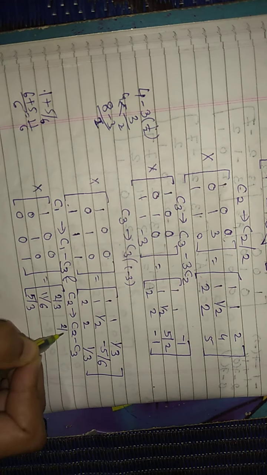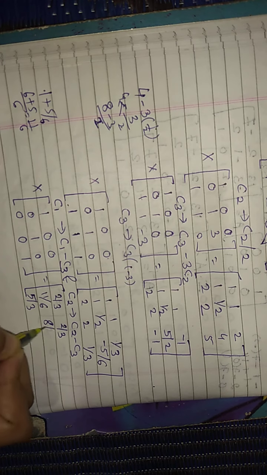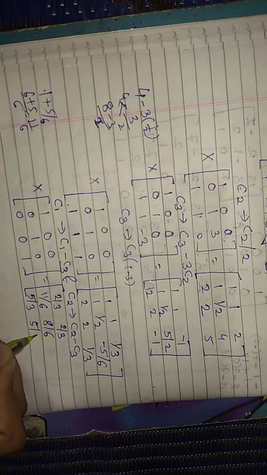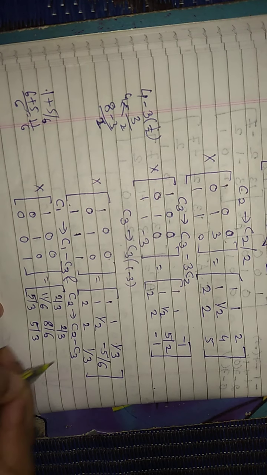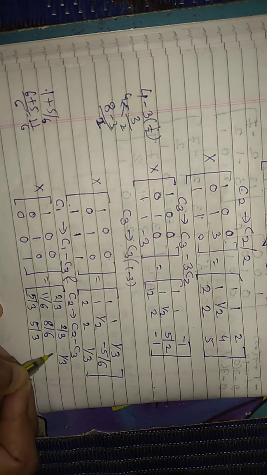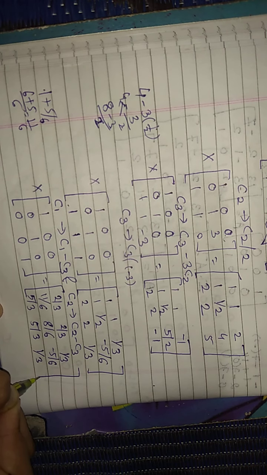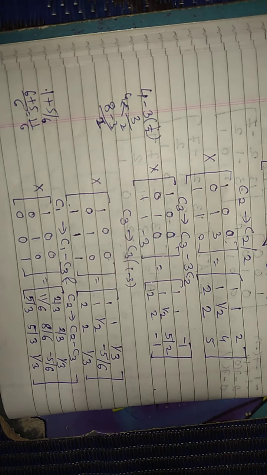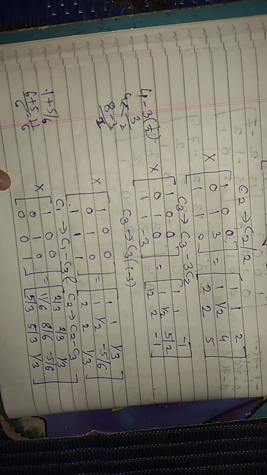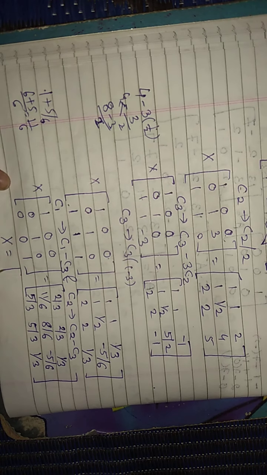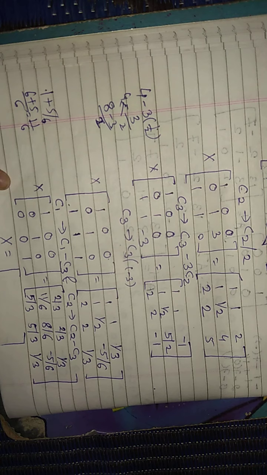Similarly, solve this one: 2 upon 3, 8 upon 6. Do 1 upon 3 minus 5 upon 6, 1 upon 3. Now X into the identity matrix only. So X is equal to, again write down this answer as it is.